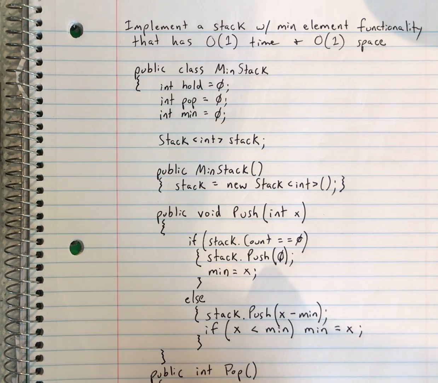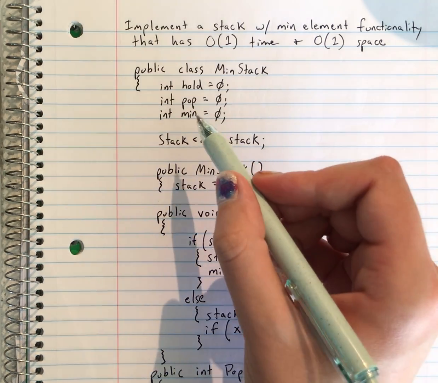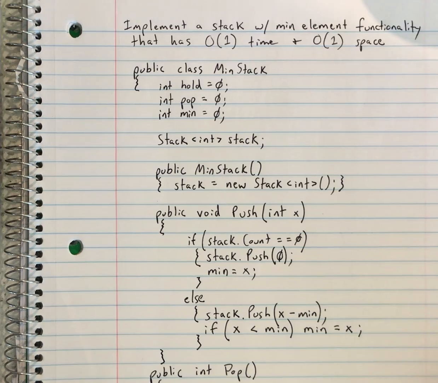We're going to pop and set the value of pop equal to our variable pop that we've initialized up here.